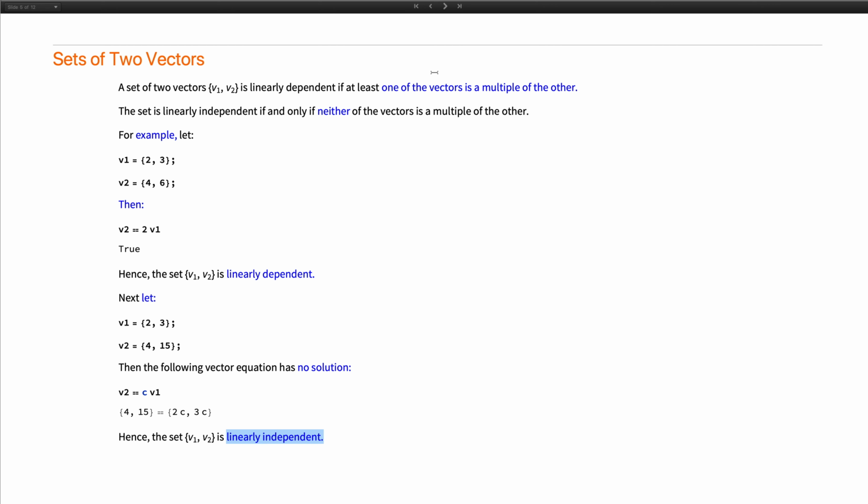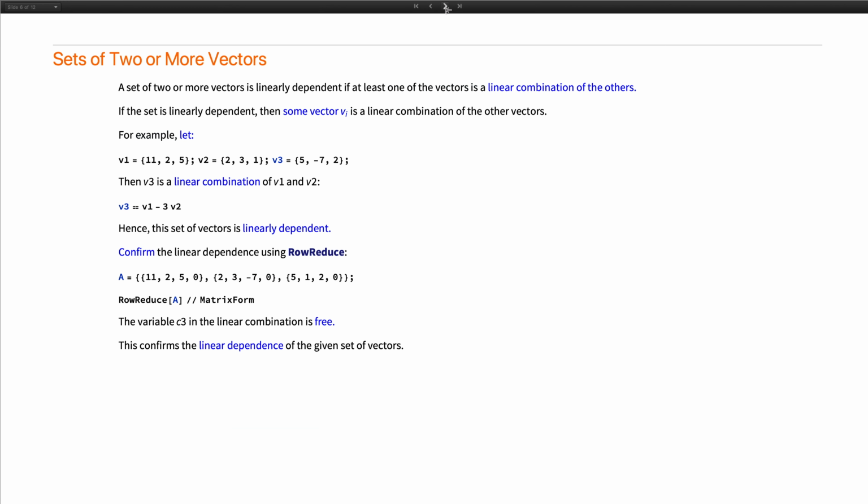Suppose you have a more general situation where you've got sets with 2 or more vectors. A set of 2 or more vectors is linearly dependent if at least one of the vectors is a linear combination of the others. So you can write one of them in terms of the others using a linear combination.